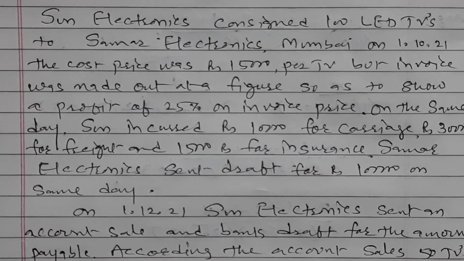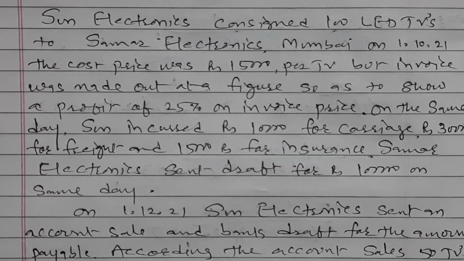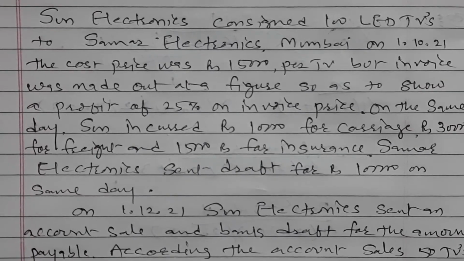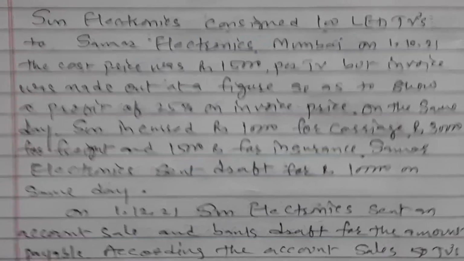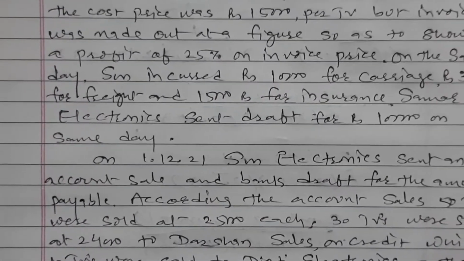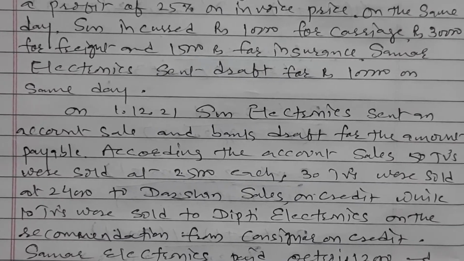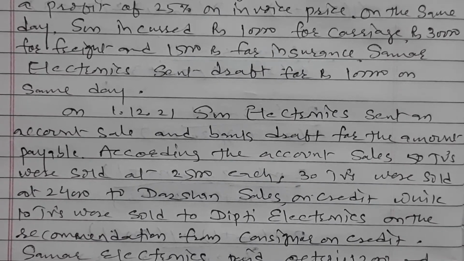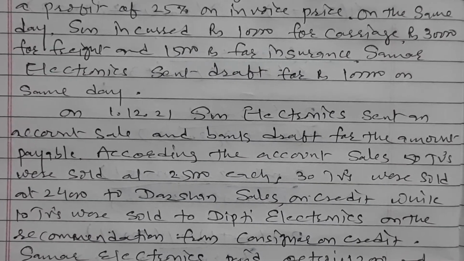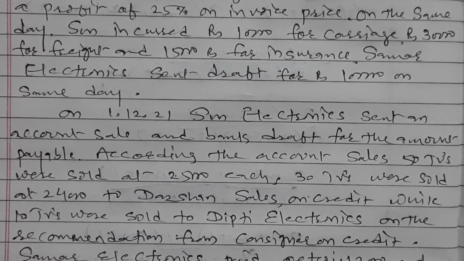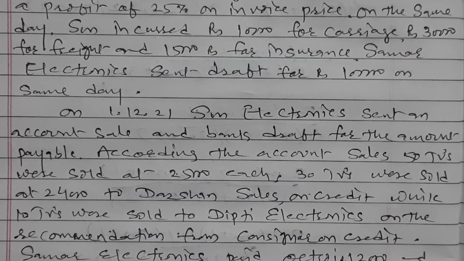On 1/12/21, Sun Electronics sent an account sale and bank draft for the amount payable. According to the account sales, 50 TVs were sold at 25,000 each and 30 TVs were sold at 24,000 to Darshan Sales on credit, while 10 TVs were sold to Dipti Electronics on the recommendation from consignor on credit.